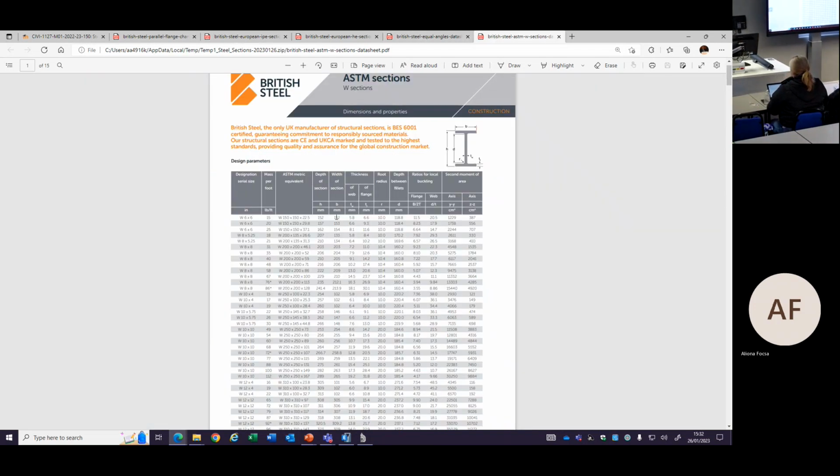But in the W section, it's quite bigger than the IPE. It's common practice in the United States to use W sections. If you see some files of ETABS or in the manual, you will see that all of them use W sections.